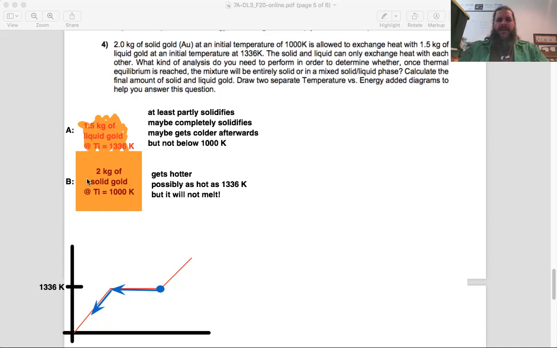So it looks like the big question here, the big unknown, before we even start running equations, is that we don't know if the liquid gold completely solidifies or not. And we don't know if the solid gold reaches 1336 or not. And which one gets there first is really the important thing. Because what's going to happen if the solid gold gets all the way to 1336 first?